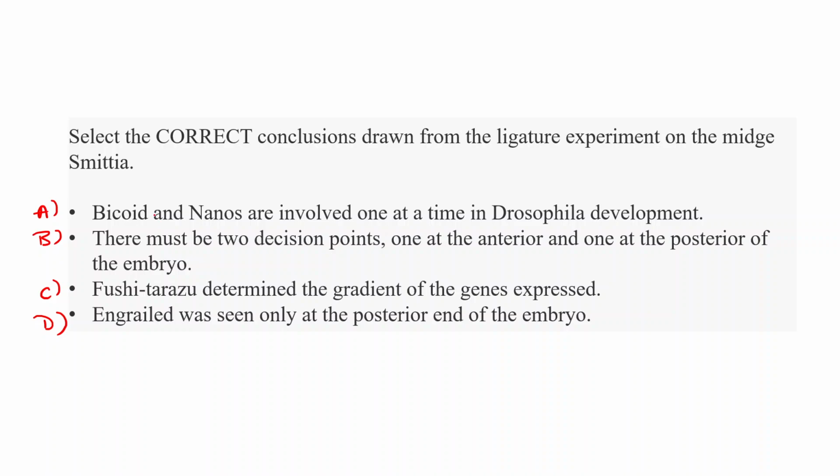B: There must be two decision points, one at the anterior and one at the posterior of the embryo. C: Fushi Tarazu experiment determined the gradient of the genes expressed. And D: Engrailed was seen only at the posterior end of the embryo. These are your four points.